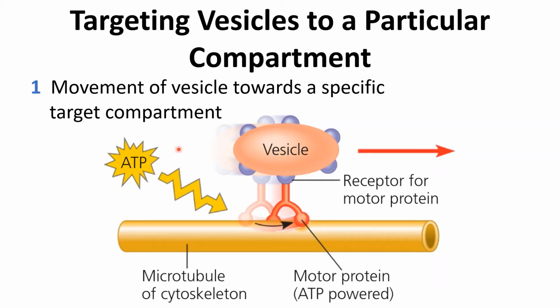With the help of ATP, the motor protein is going to walk the vesicle along this microtubule in a particular direction. So that's how vesicles move in a dictated way. They don't get lost in the cytoplasm because they follow the microtubule direction with the help of motor proteins attached to them. And of course, motor proteins work because of ATP.